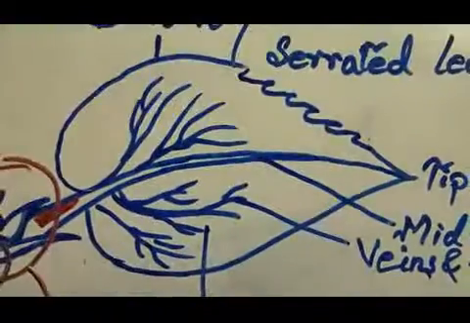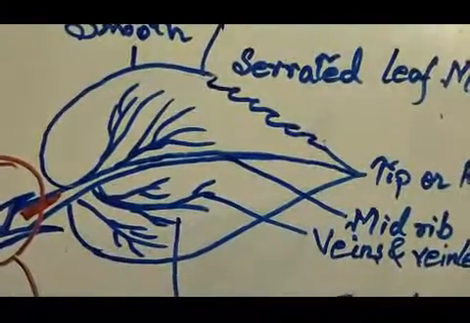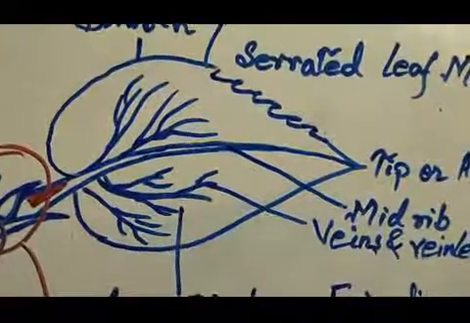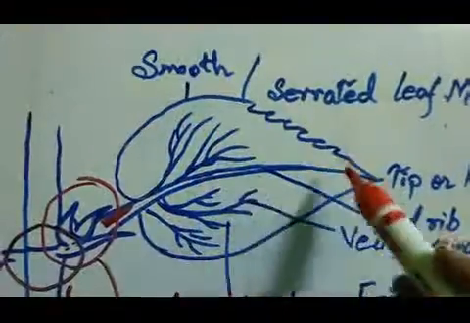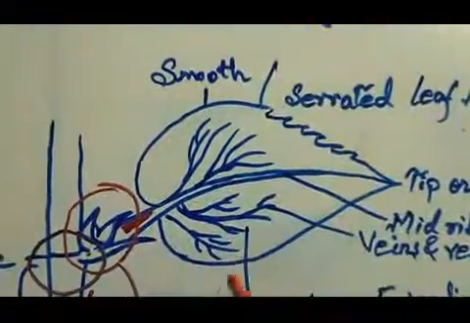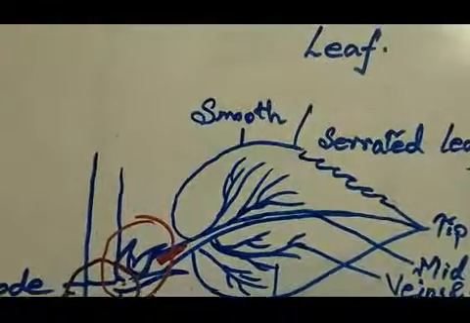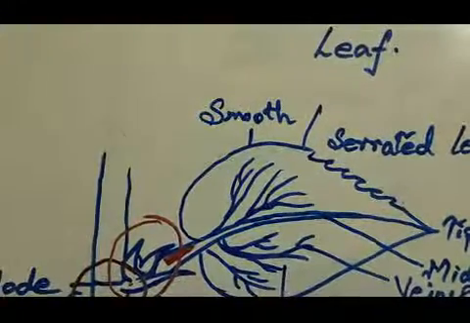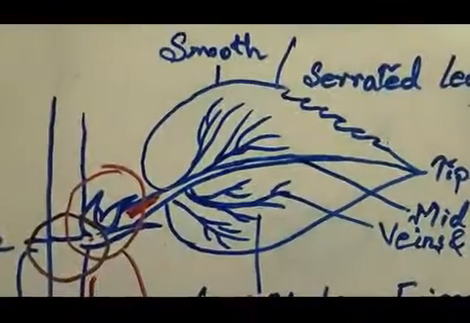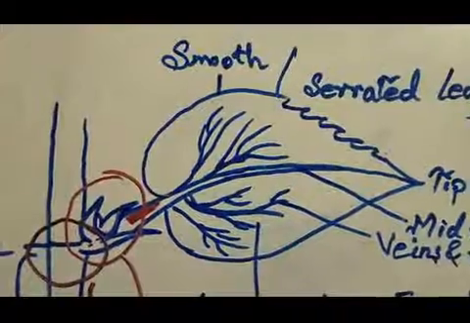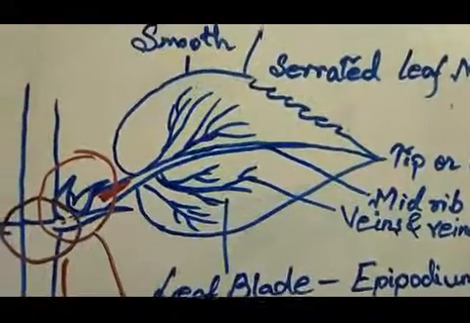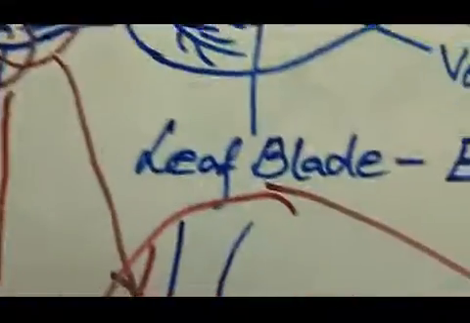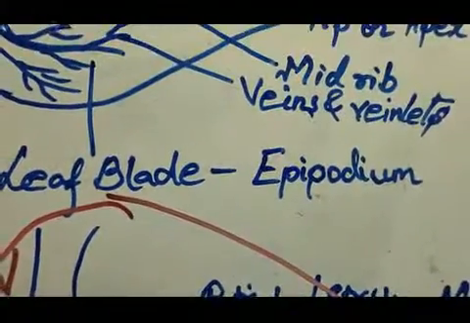Now, the flat, thin green structure which remains expanded horizontally is called the leaf blade or the lamina. The technical term for the leaf blade or the lamina is the epipodium.